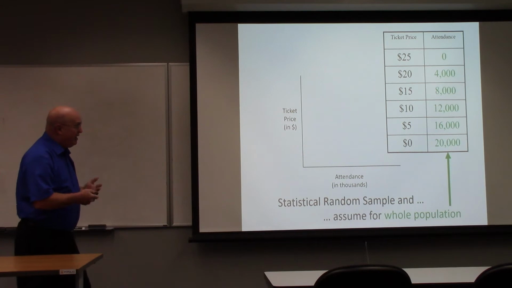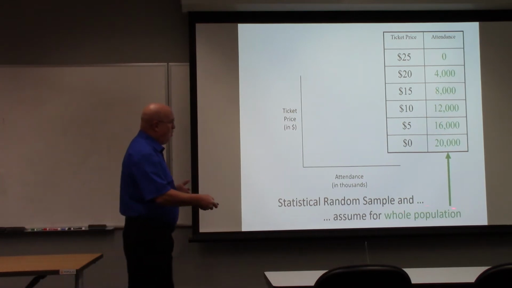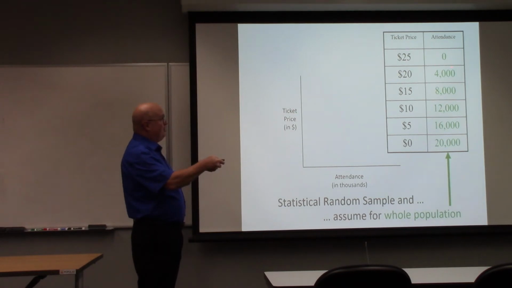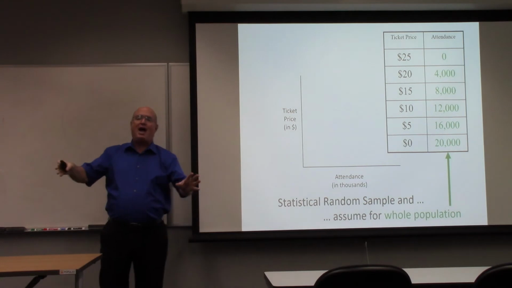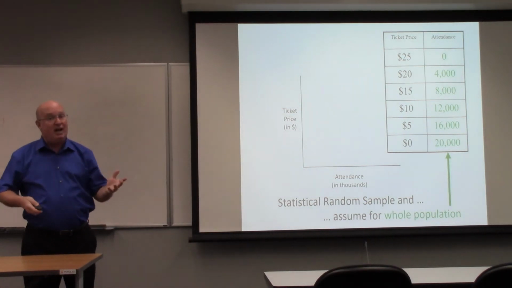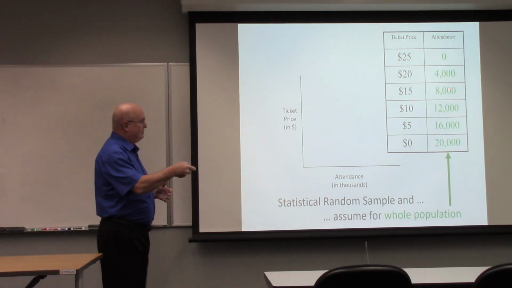So here is the whole population, that 1 million folks in Jacksonville. Remember those first 20 hands that went up? They represented 4,000 people showing up at the stadium. When 20 more hands went up, 8,000.